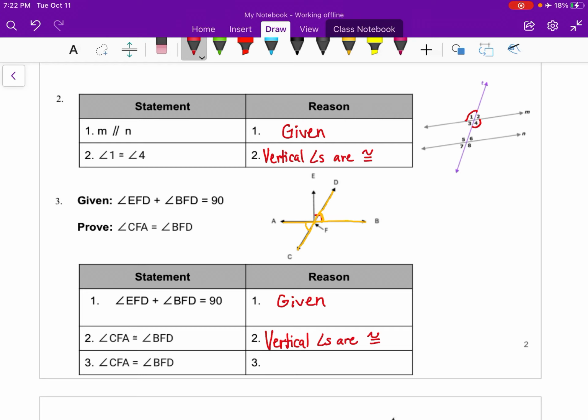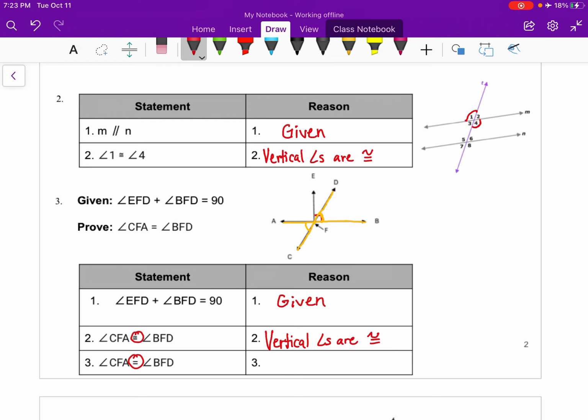Now we're going to determine our reason for statement number 3. If you look carefully, statement 2 and 3 are almost identical. The only difference is that we start out with congruent angles and end up with equal angles.